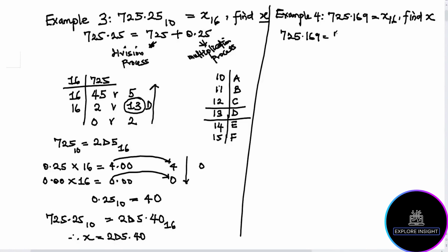Just the normal way, 725.169 will be 725 plus 0.169. Now for this 725, just like I explained in the previous one, it will go through the division process, while 0.169 will go through the multiplication process. So let me write that down.